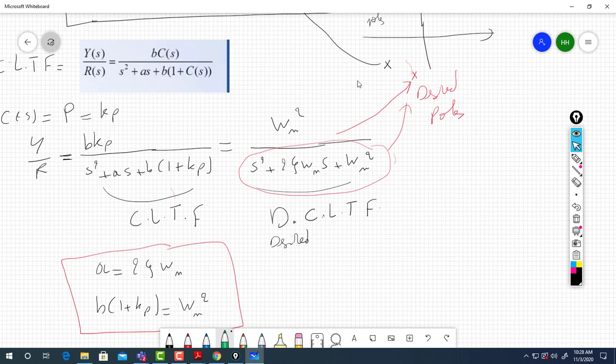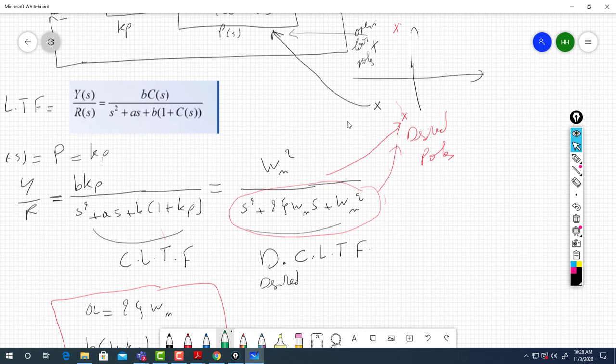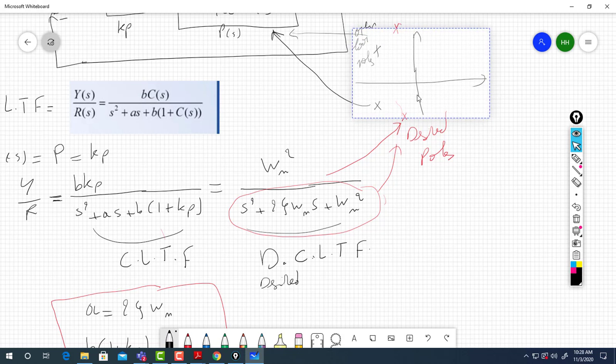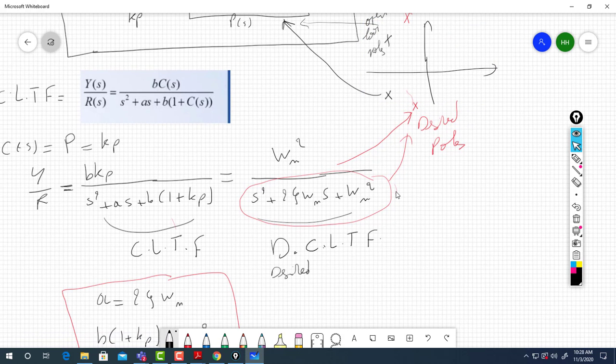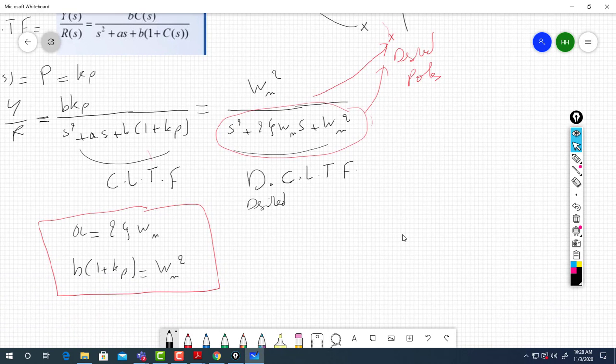because if you fix zeta, remember always, like the Bible, how the pole location affects the system. You should know that directly when you draw the S-plane.